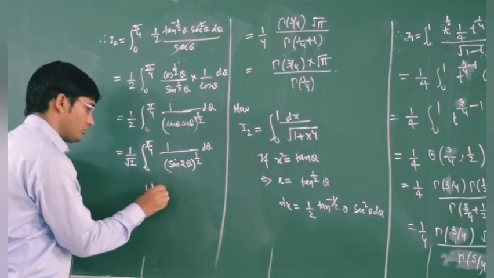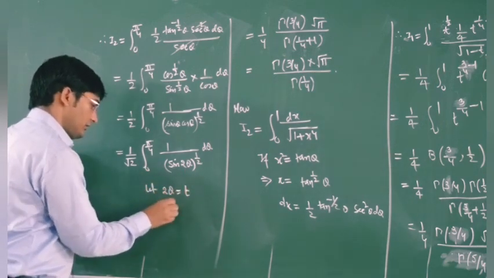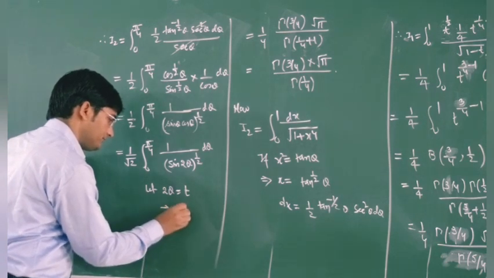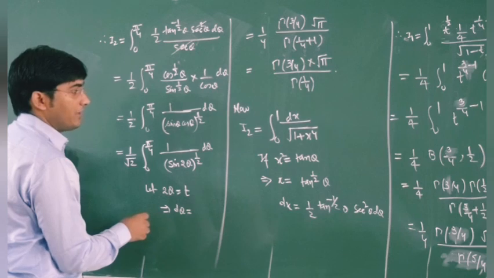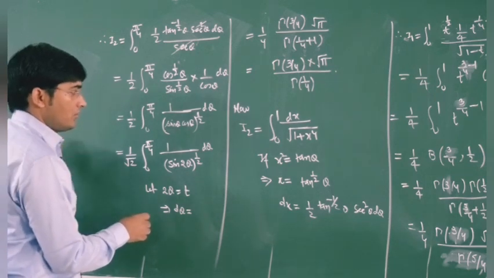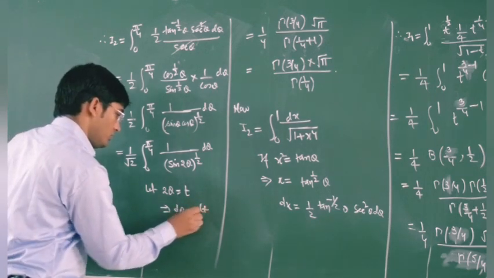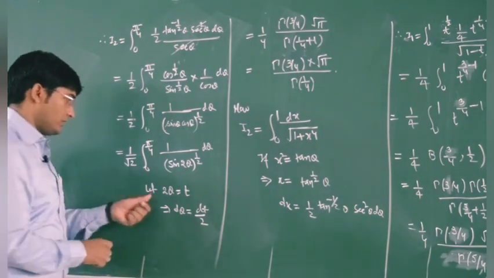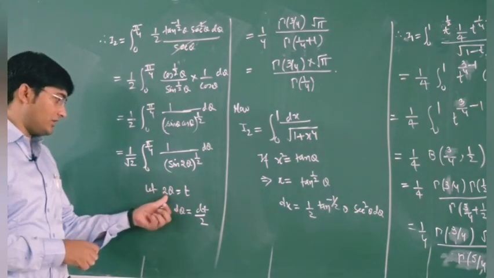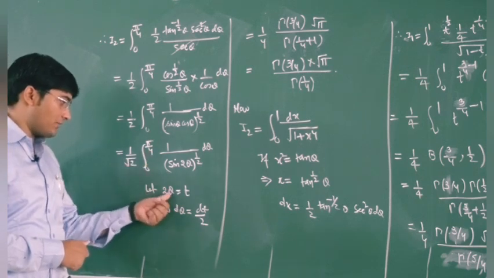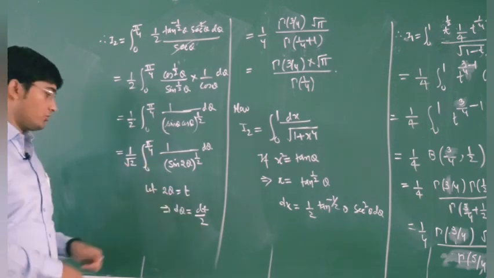If 2 theta equals t, then d theta will be dt by 2. Now about the limits. If theta equals 0, then t equals 0, and if theta is pi by 4, then t will be pi by 2.